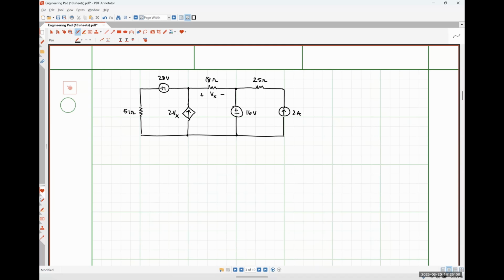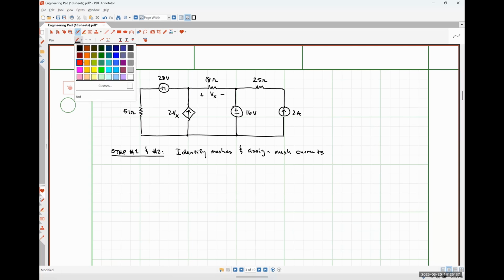So lumping together our first two steps, we are once again going to simply identify our meshes and assign our mesh currents.